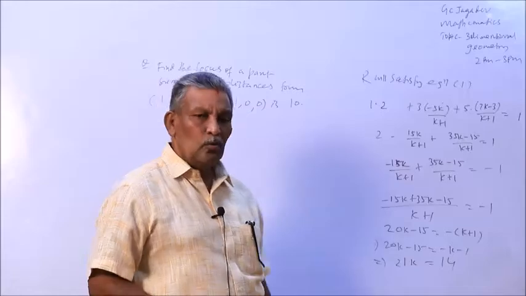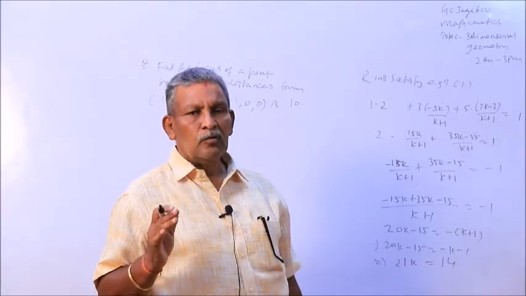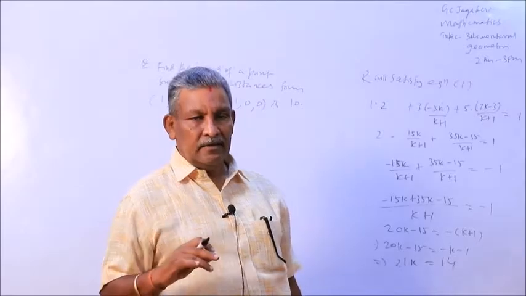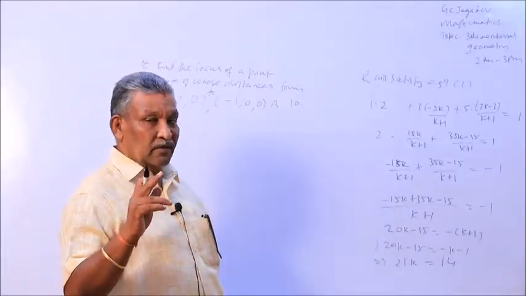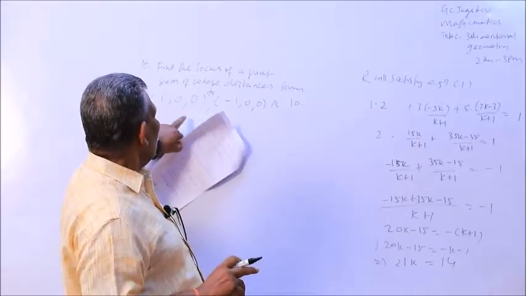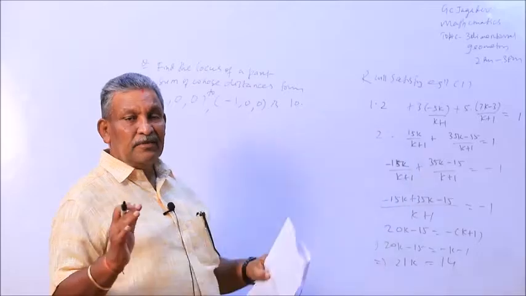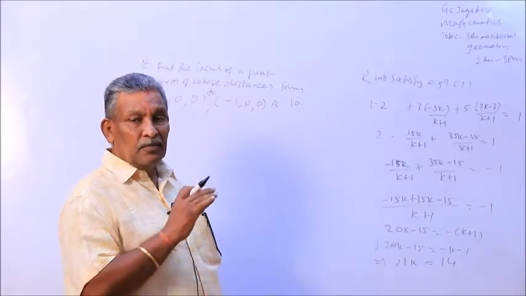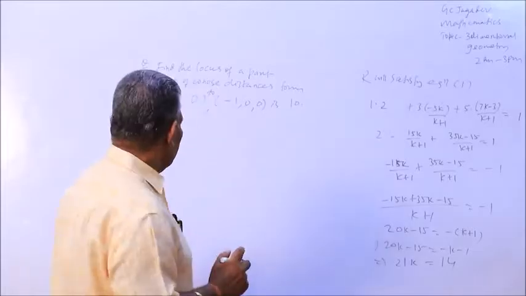Locus. Do you know what is the meaning of locus? Locus is the moving path of a point which satisfies some geometrical condition. So suppose P is a point, it will move in such a manner that the sum of distances of P from these 2 points equals 10. It satisfies the geometrical condition that the sum of its distances from these 2 points equals 10.